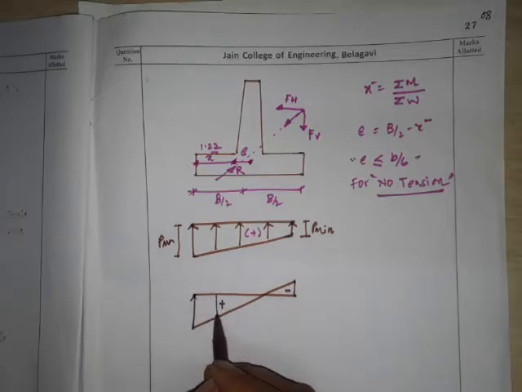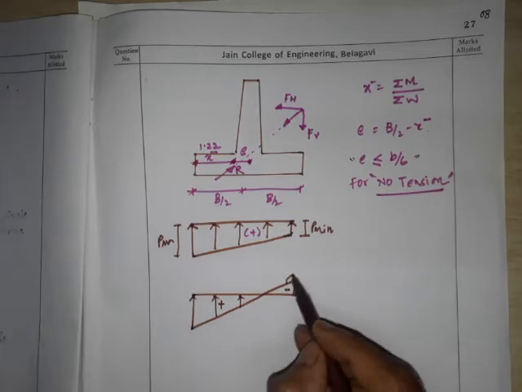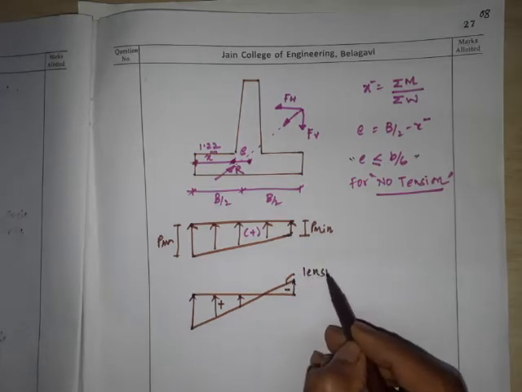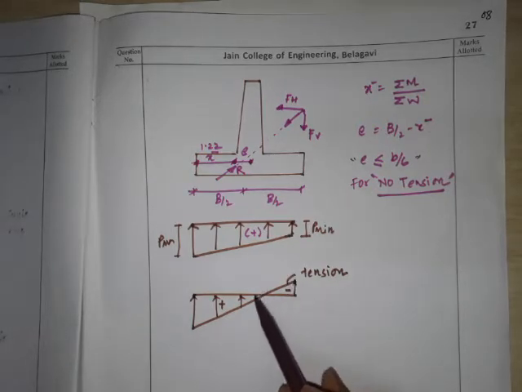This is nothing but tension. So what is happening here? Soil is not trying to resist the load. In this zone, the footing tries to settle down because it is negative.